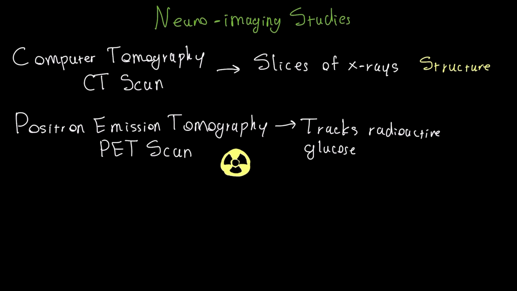So when a specific brain region is active, it's going to use glucose or sugars, and if the sugars that the person has in their body are going to be radioactive, then that radioactivity can be detected, and depending on where the glucose molecules are going, we can use that as a proxy of where the brain activity is. And this shows structure and also shows function of the brain.